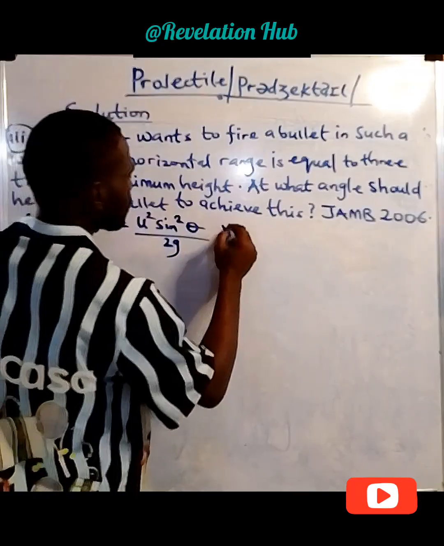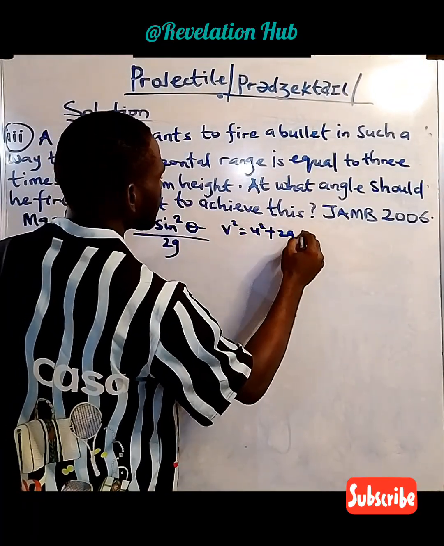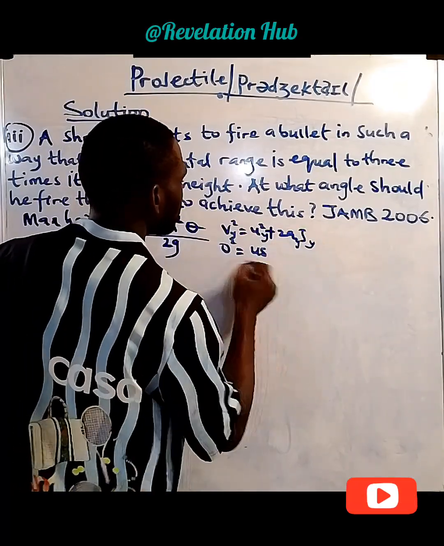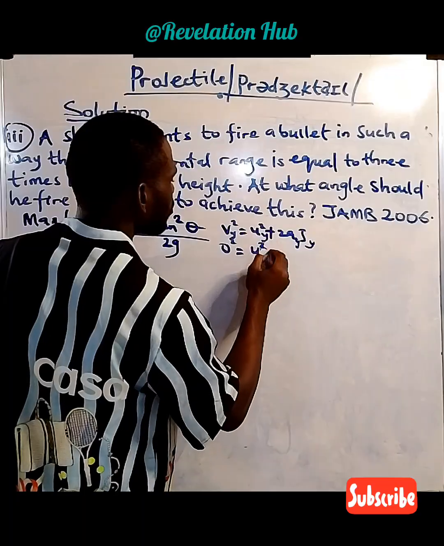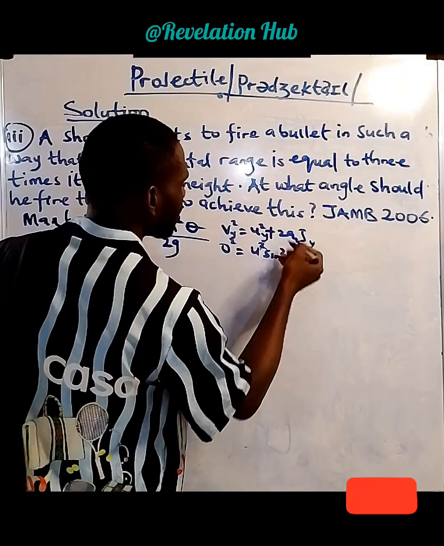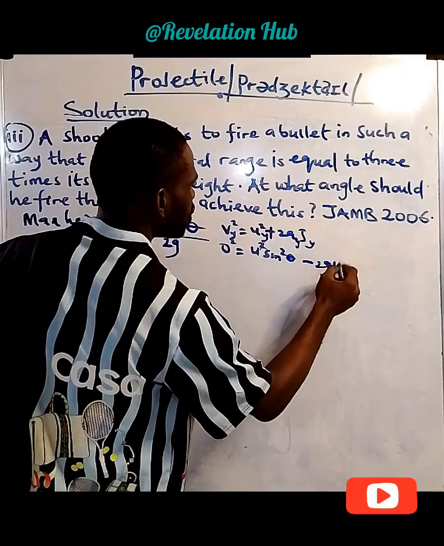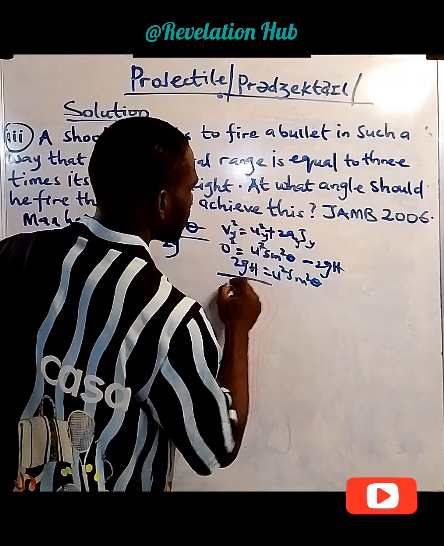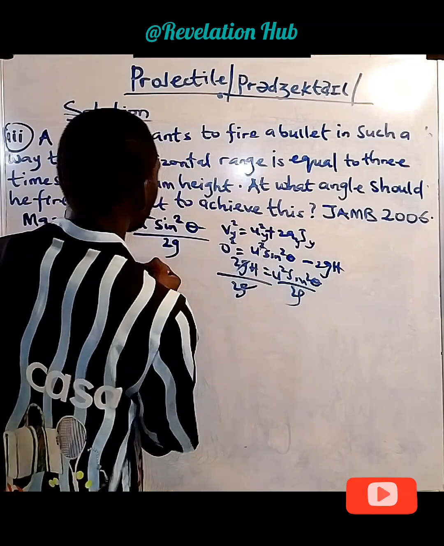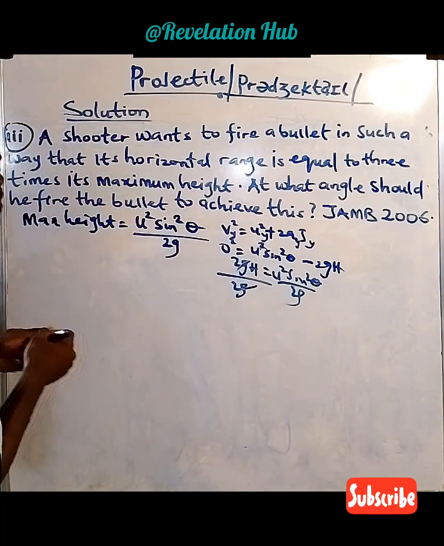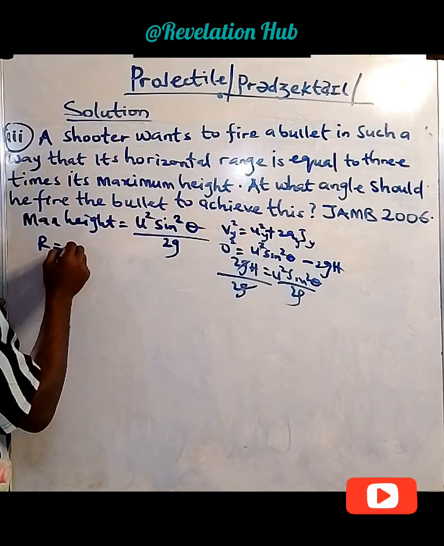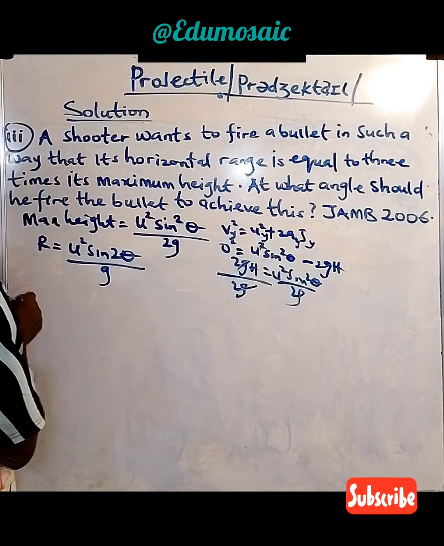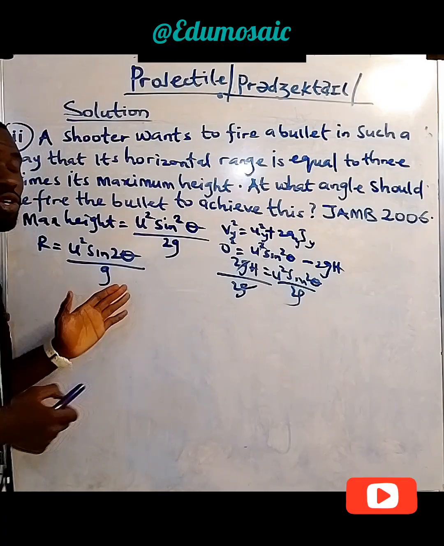Don't forget we derived the formula from v squared equals u squared plus 2as, where initial velocity along the y-axis is u sine theta, so 0 squared equals u squared sine squared theta, gravity negative, minus 2gh. 2g crosses over, and h is u squared sine squared theta divided by 2 gravity. And we end up with this. So that's the formula for max height. Then the formula for horizontal range is u squared sine 2 theta over gravity. So these are the two things you're going to be using.